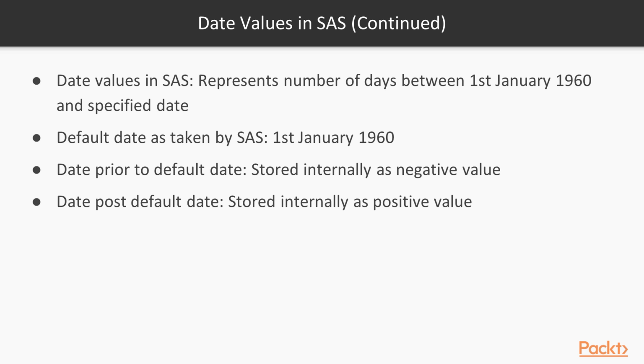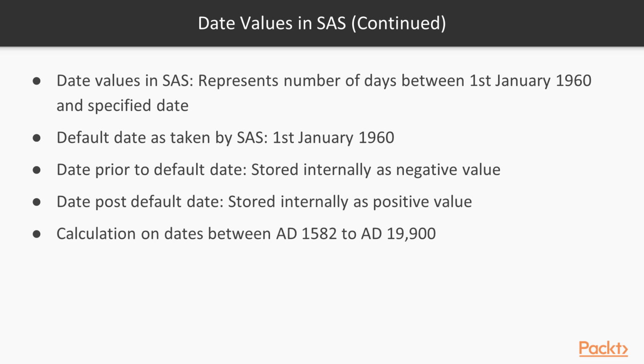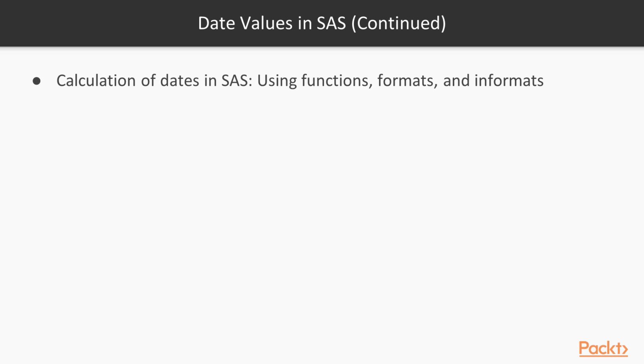A date after the default date is taken as a positive value internally by SAS. The calculation of dates in SAS can be done between AD 1582 to AD 19900. Basically, calculation of dates in SAS is done using functions, formats and informat statements.